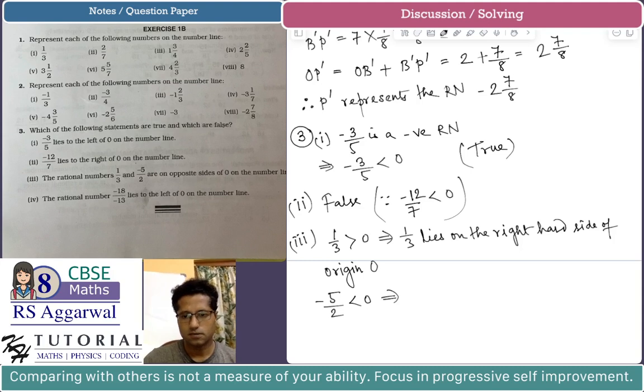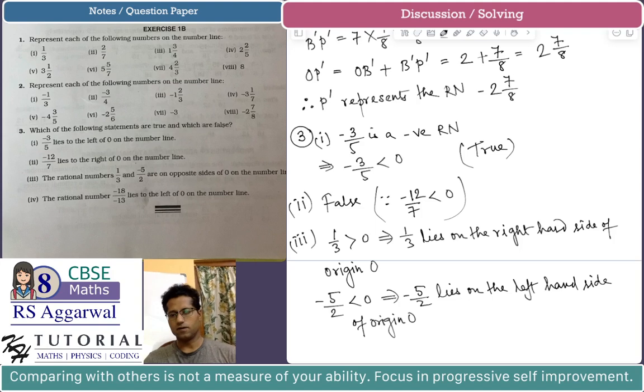This implies minus 5 by 2 lies on the left hand side of origin O.